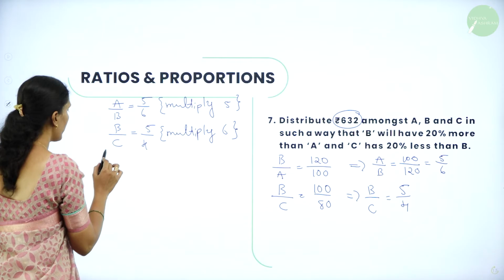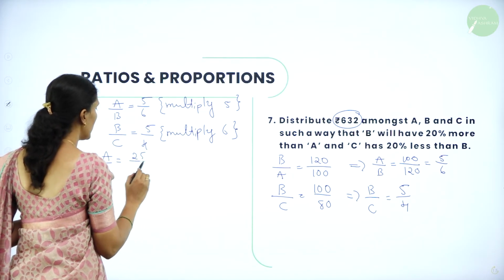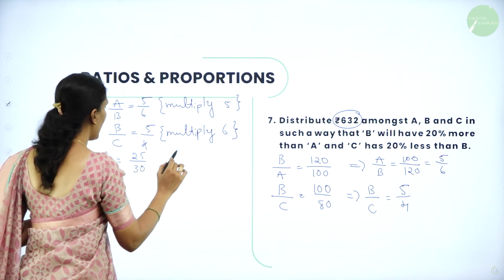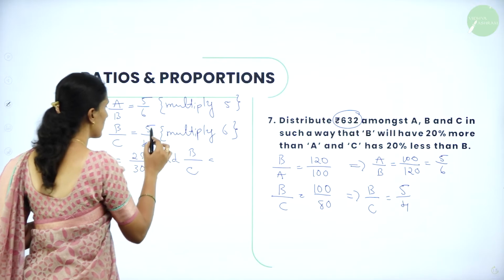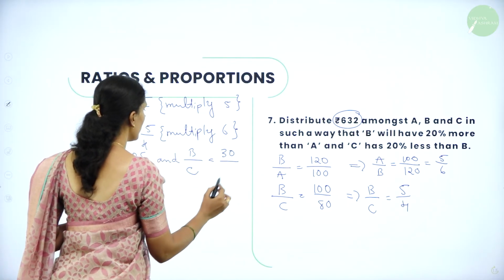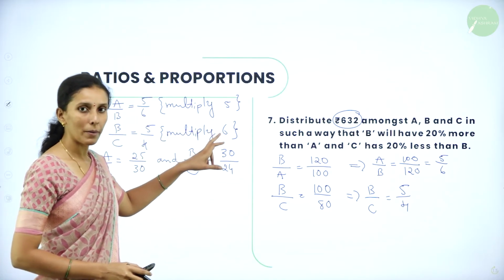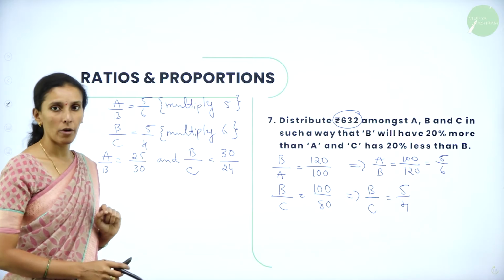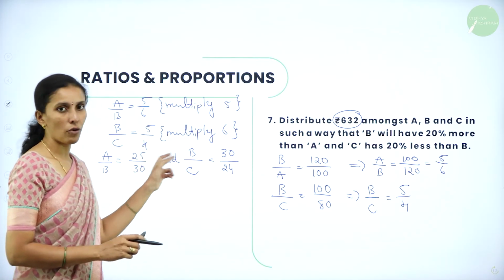My new ratio is A by B is equal to 25 by 30 and B by C is 5 by 4 into 6, that is 30 divided by 24. So remember, multiply 6 means you are multiplying for both numerator and denominator. It is not 5 by 4 into 6. It is 5 into 6 by 4 into 6.